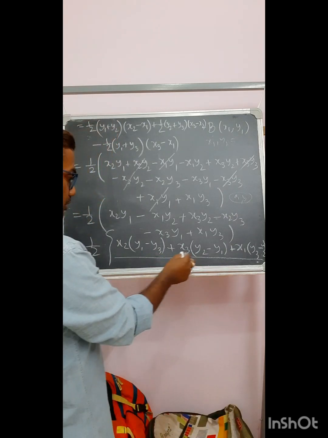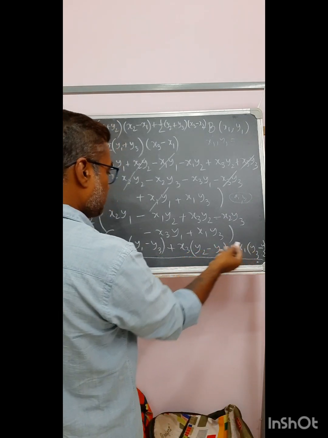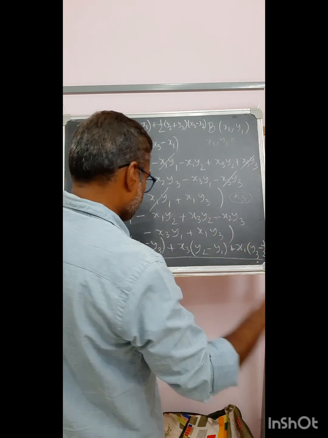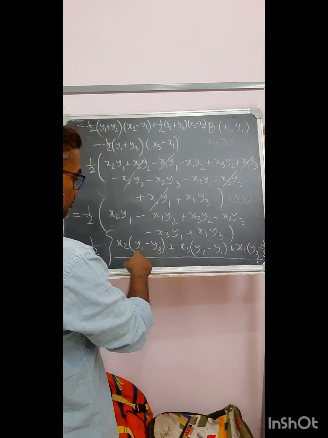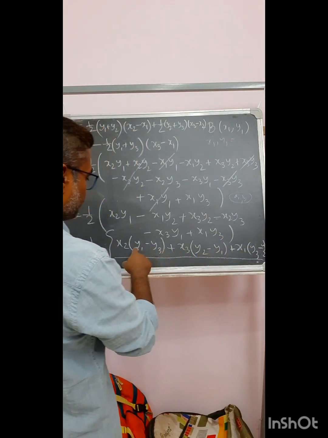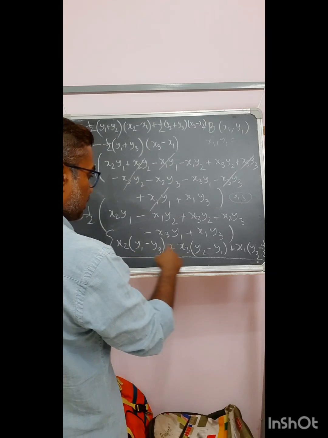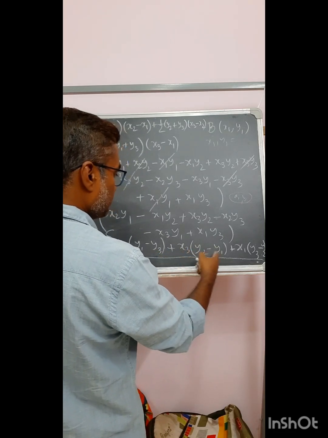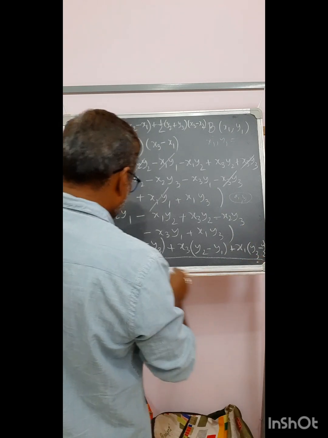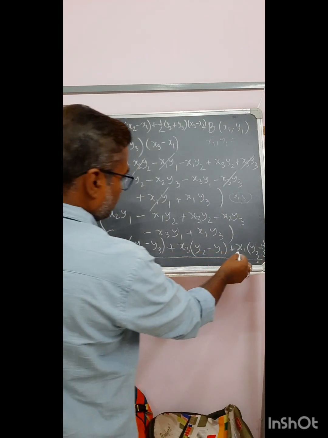X1 will always come in the place of X1 only. It is not that one time you are putting X1 and another time Y1, because Y1 is repeating. If in one case you are putting Y1 here, in the other case you should not put Y1 minus Y2. So keep that in mind and remember it like that.